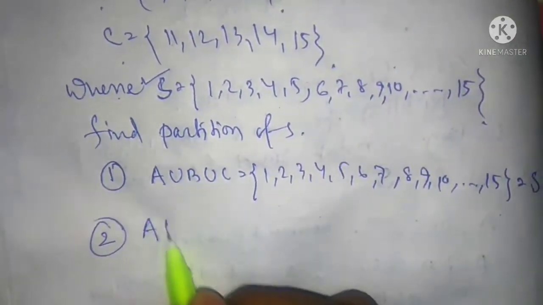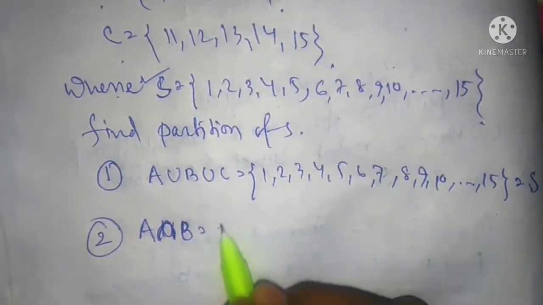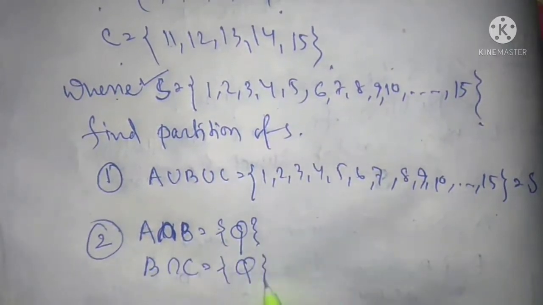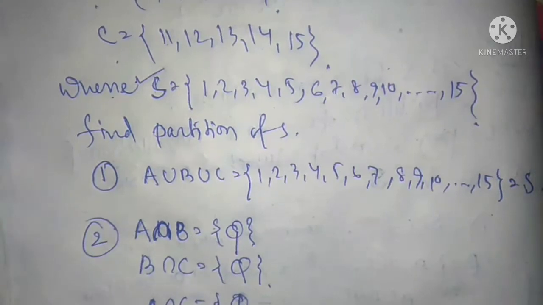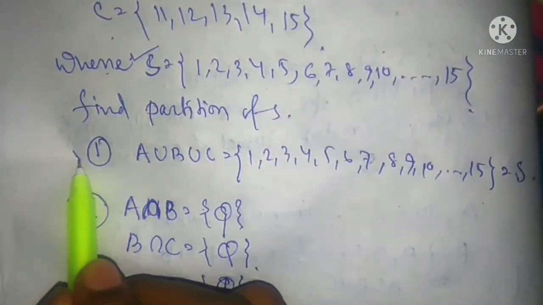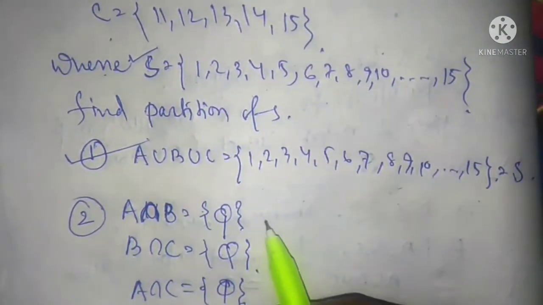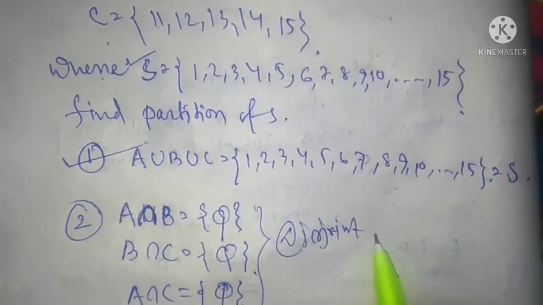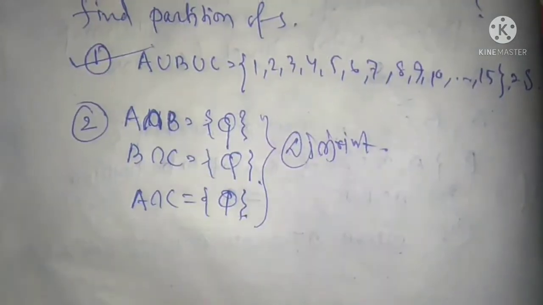So check: A intersection B is phi, B intersection C is also phi, and A intersection C is also phi. So the two properties say that the union of the whole set equals S, and the intersection is either identical or disjoint. They are disjoint, so this is a partition of S. This is for the whole set.